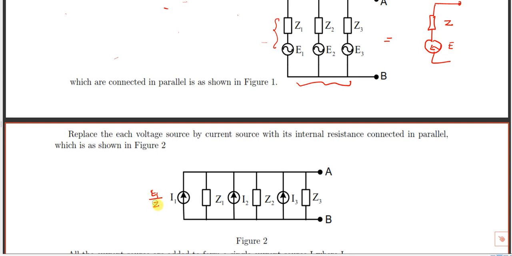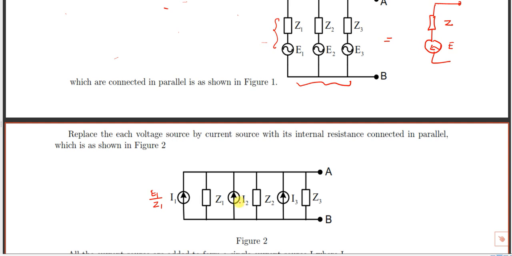So this current value is E1 by Z1. Whatever Z1 is there, the same Z1 you have to connect in parallel between this node and this node. The voltage source is converted between the same two nodes into a current value, and the same Z1 is connected in parallel. Similarly, the second voltage source E2 Z2 is converted into a current source.